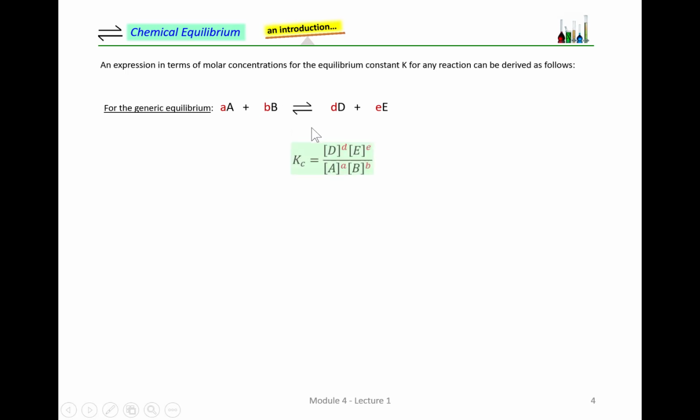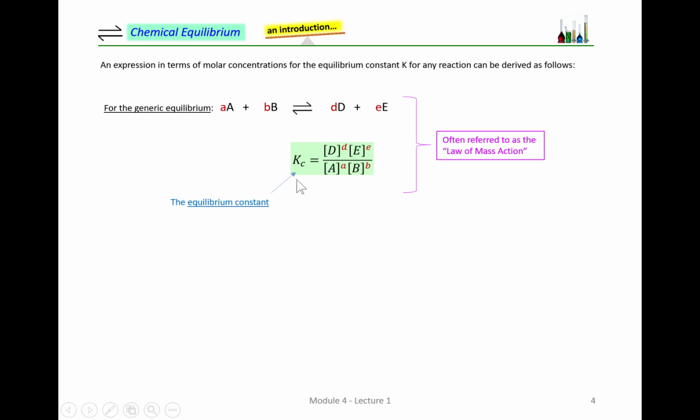We'd say that the equilibrium constant Kc for this equilibrium is the molar concentrations of the products, each raised to the power of their coefficients in the balanced equation, divided by the product of the concentrations of the reactants, each reactant raised to the power of its coefficient in the balanced equation. Now this relationship is often referred to as the law of mass action.